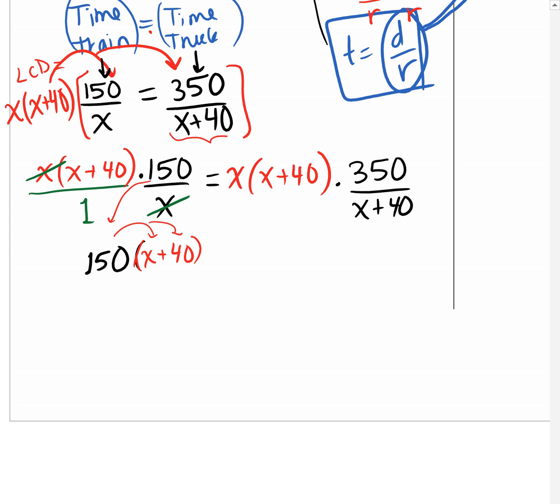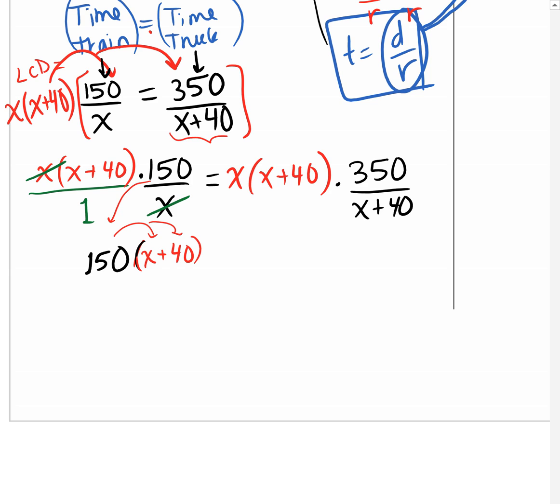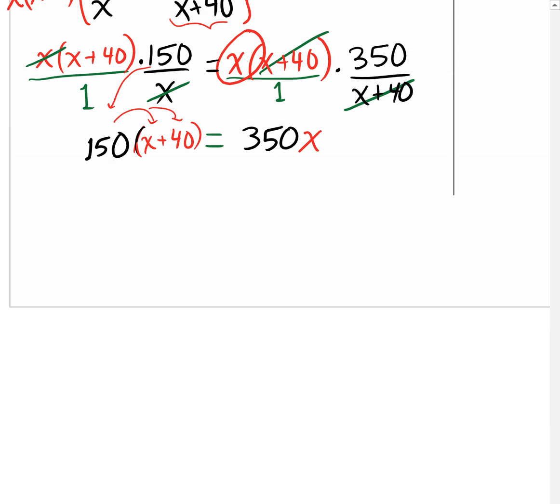So I always write the constant term that's going to be distributed, and then the binomial or trinomial or whatever it is on the right side. That'll be equal to, let me put this over 1 as well, the x plus 40's cancel on the diagonal, but the 350 that was left in the numerator is there, times the x that was part of the LCD. There we go. I think we're getting there.